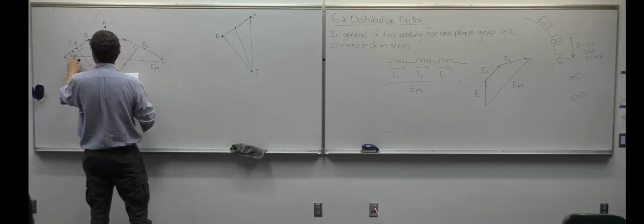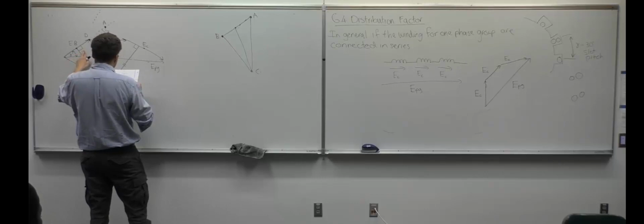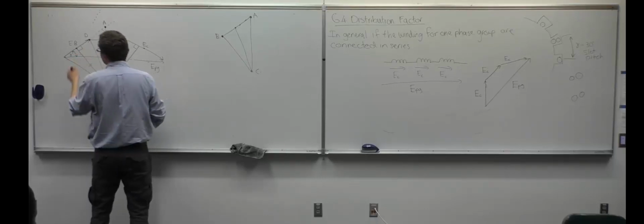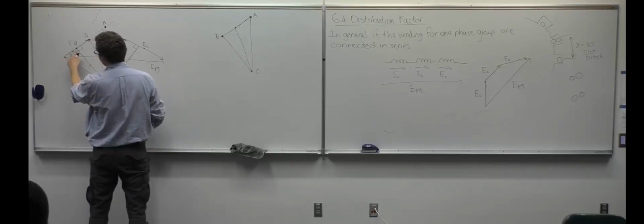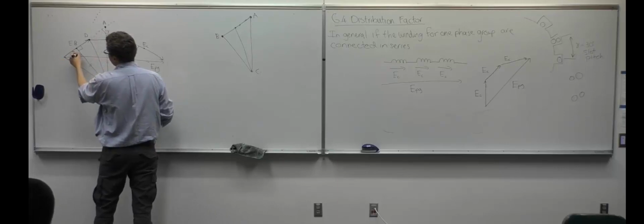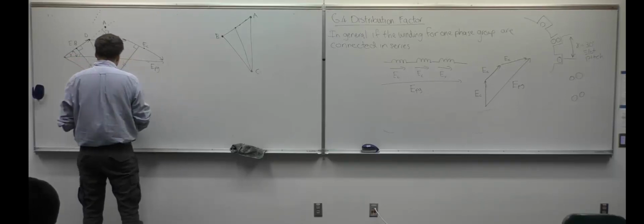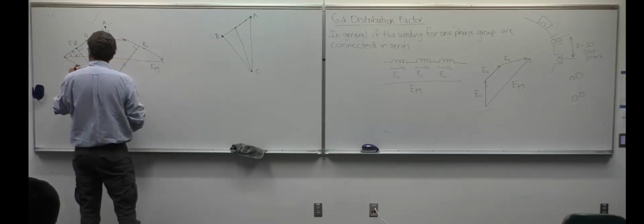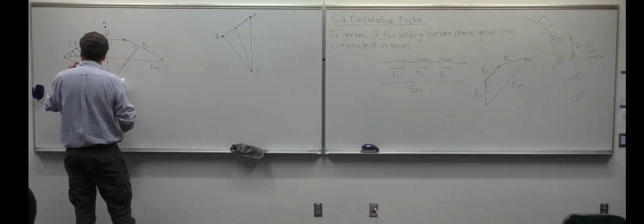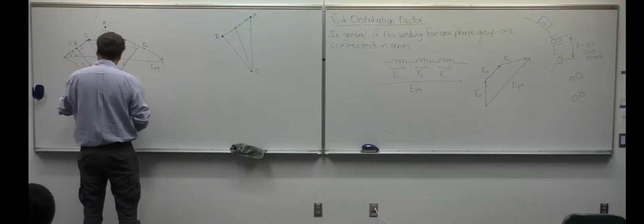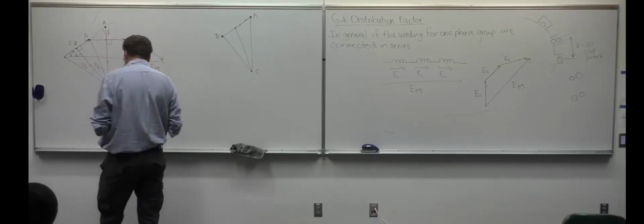Then this is alpha here, okay? And this is 90 degrees. Then, if this is alpha and this is 90 degrees, the angle here is going to be 90 minus alpha. And then this angle here is alpha over 2, and this is alpha over 2.